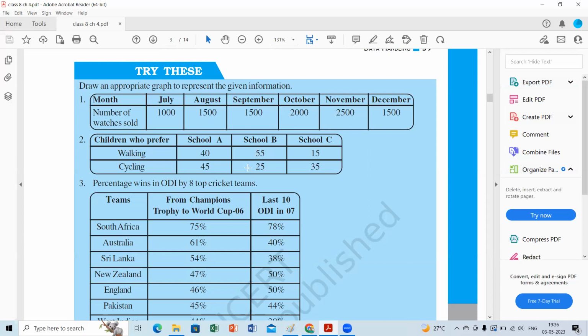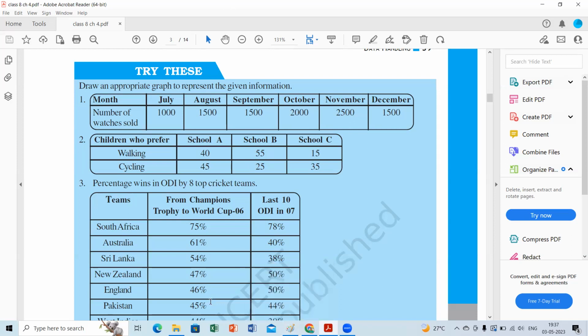Any other things, Harish? Ashwath? As Shrestha said, mode of transport preferred by the schools. And Hari said, ma'am, we can say activities also, the children who prefer activities.